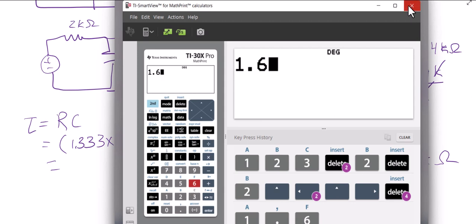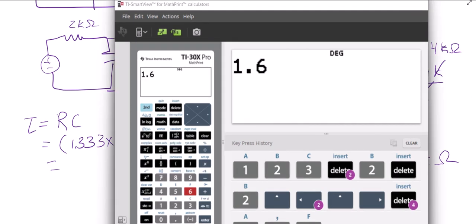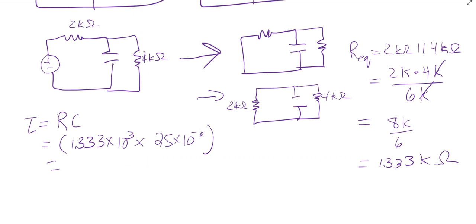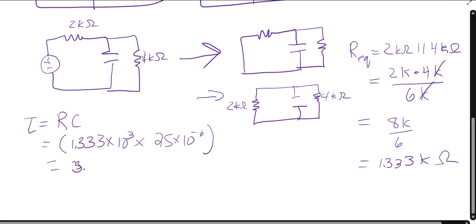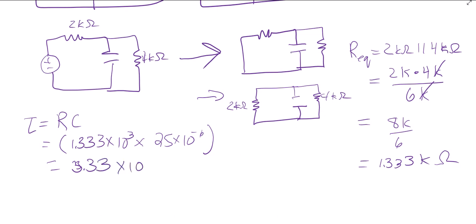Okay, I can't get it on this calculator. Did somebody do it for me and tell me what you got? 3.33 times 10 to the negative fifth. Now can you tell me what 1 over that is? 30,000. Okay, I did have that right. I just didn't have tau right.